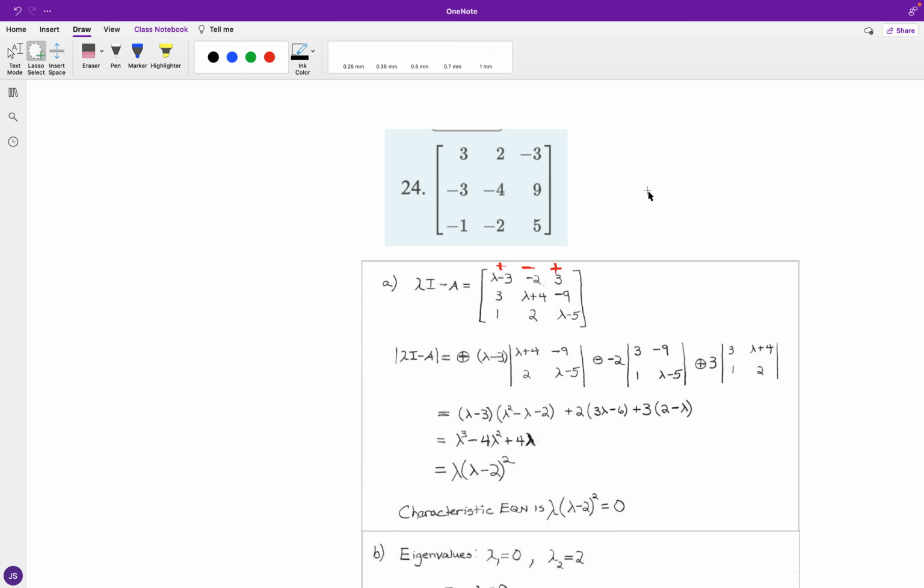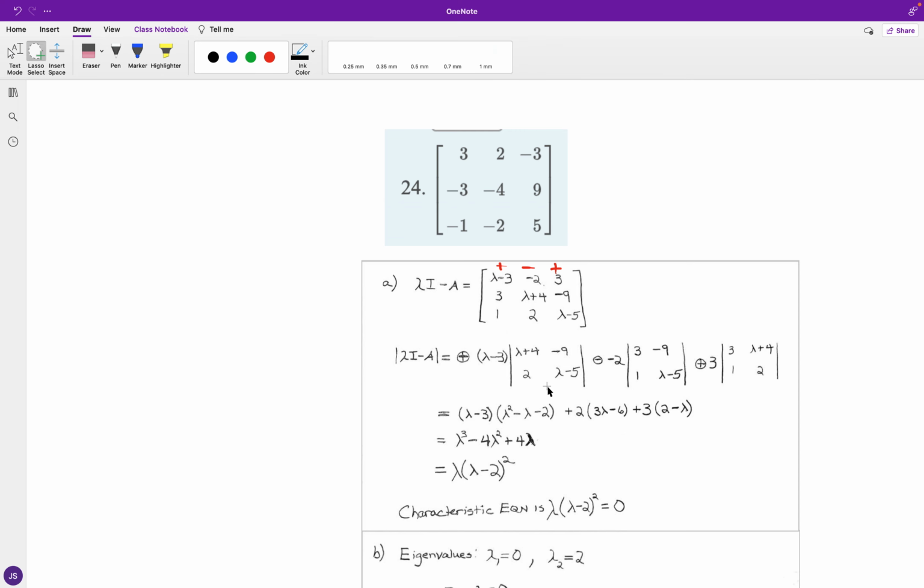And again, for the determinant of this difference, looking at alternating columns, for the odd number columns we take the positives, and for the even ones we have negatives. So setting up the determinant, you have the positive of the quantity lambda minus 3 times the 2 by 2 array that matches in terms of the minors and cofactors.